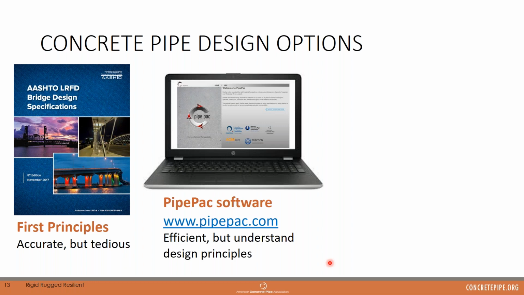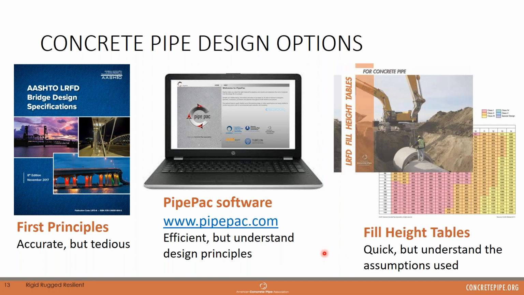There is a computer software program that was recently launched as an online tool rather than a program you had to install on your PC, called PipePack. So this is the indirect design program that's available online at pipepack.com. It's obviously very efficient, but the user needs to still understand the design principles.